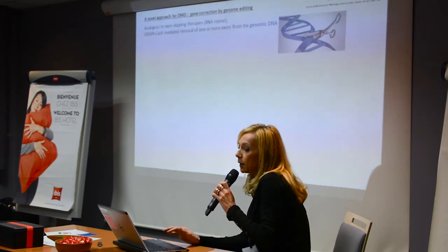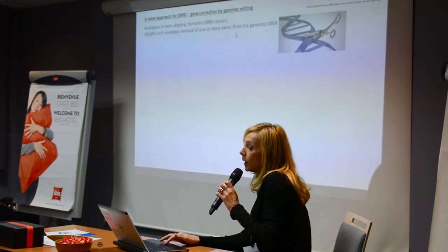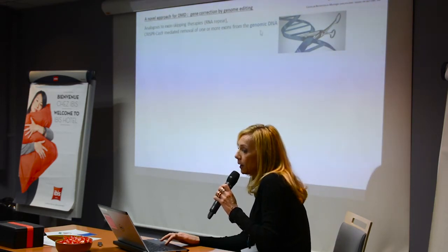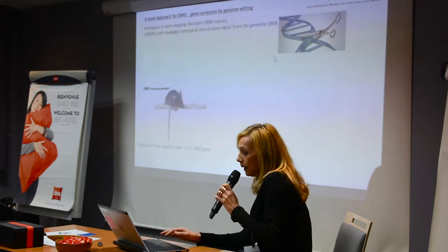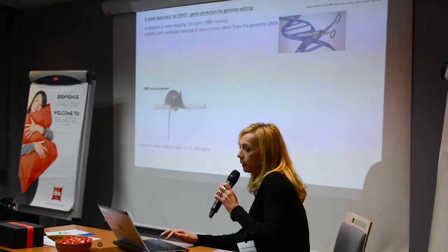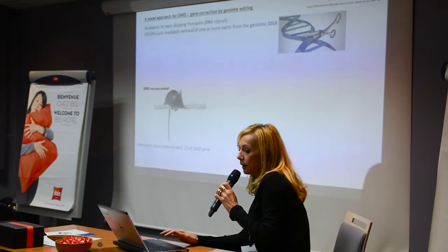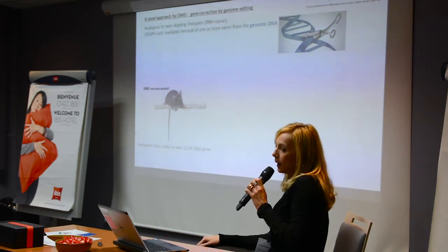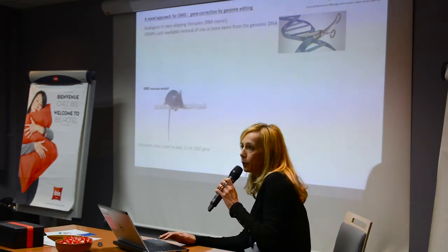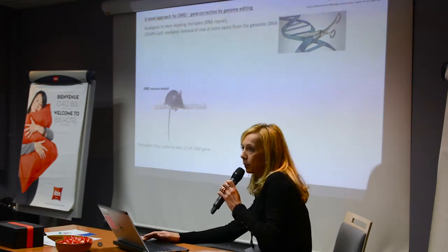This approach is CRISPR-Cas9 mediated removal of 1 or more exons from the genomic DNA, at the genomic level and not the RNA repair. For that, we have a DMD mouse model, and this mouse displays a premature stop codon in exon 23 of the DMD gene. There is no dystrophin expressed in skeletal muscle of this model.